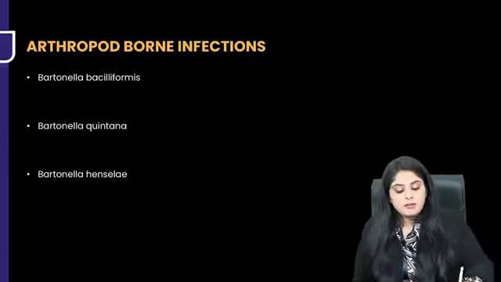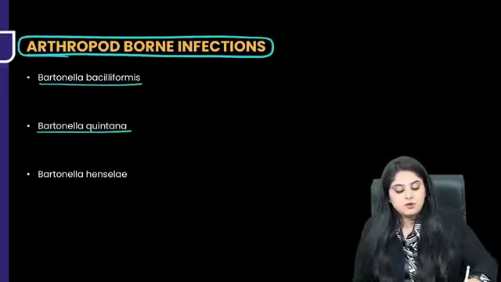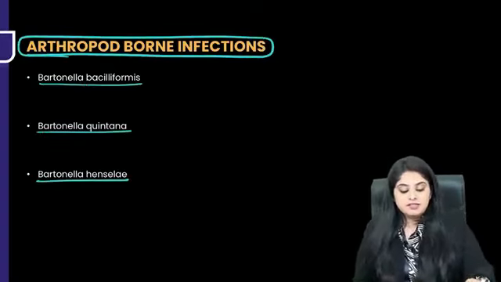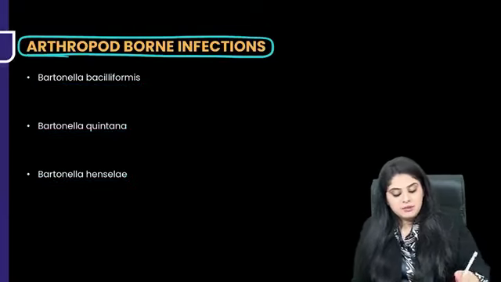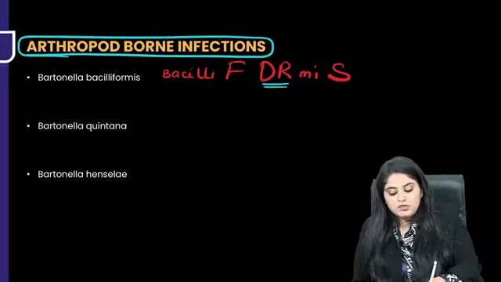The Bartonella family is also arthropod borne, but there are three Bartonellas called Bartonella bacilliformis, Quintana, as well as Henselae. So please note, Bartonella bacilliformis, from today onwards, this is how you will write it, because what does it cause? OR for Oroya fever.